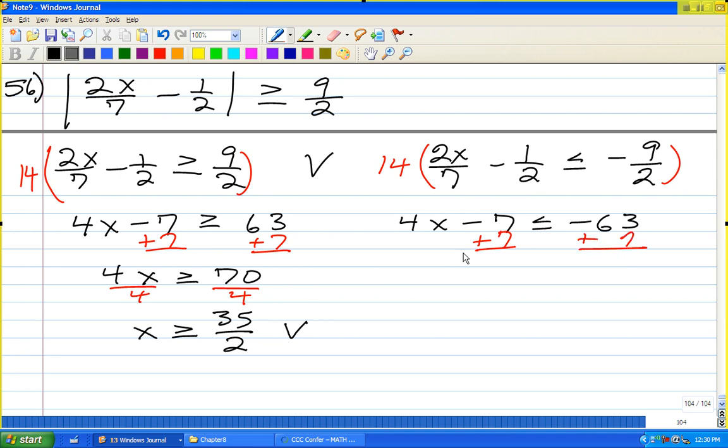And so 4x is less than or equal to negative 56. Let me divide both sides of my inequality by 4. And so x is less than or equal to negative 56 divided by 4, negative 14.